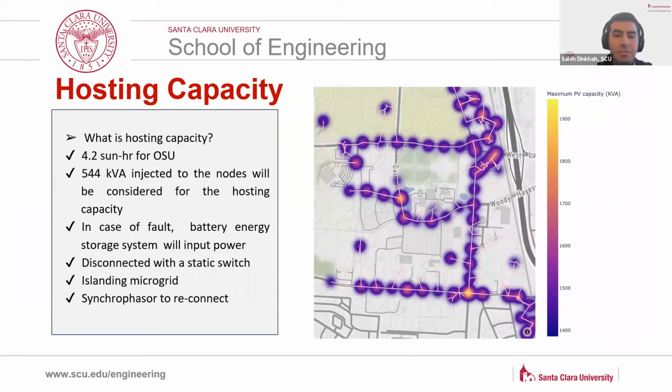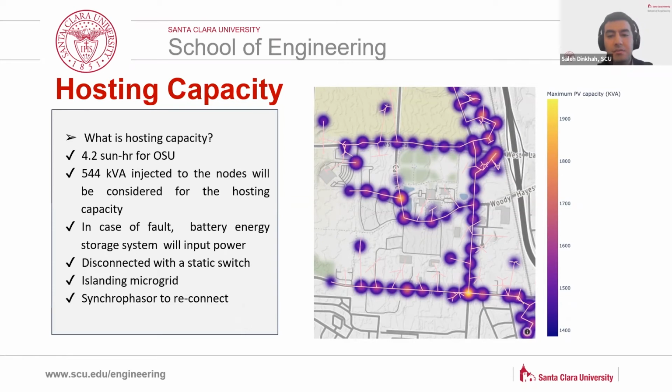The sum of PV and battery power generation in each node is limited by hosting capacity, considering an average of 4.2 sun hours for a fixed-tilt PV system with 83% DC to AC power conversion efficiency. For Ohio State University, there is a 544 kVA PV power injection to 2 critical nodes.